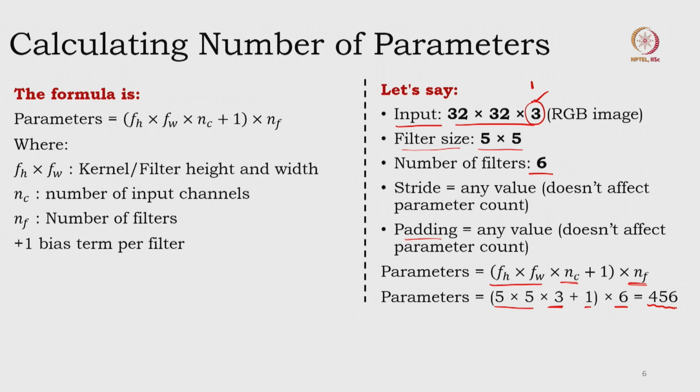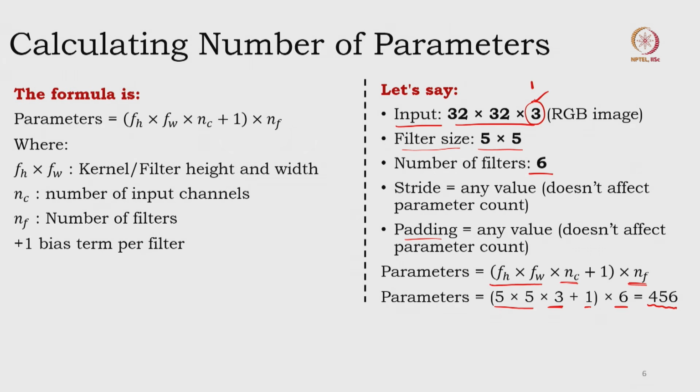Wherever you come across a calculation, you can just calculate and see if there are any typos. Feel free to reach out. So here it is 456 parameters. Which means, to perform a convolution operation for this particular input size, we have a total of 456 learnable parameters.